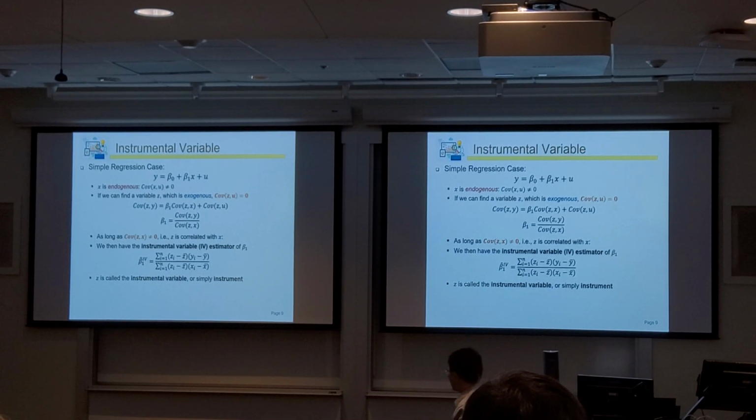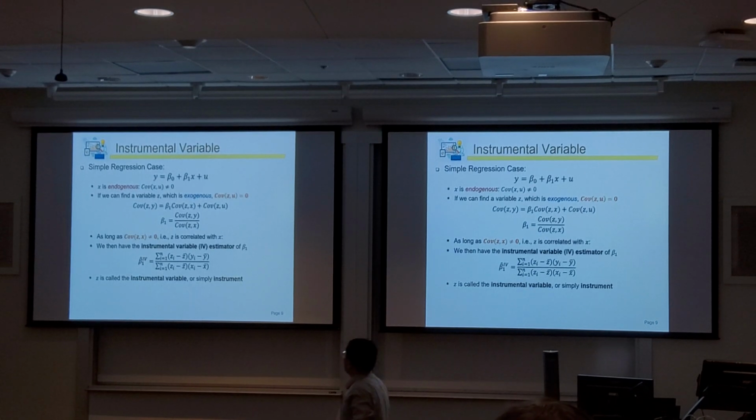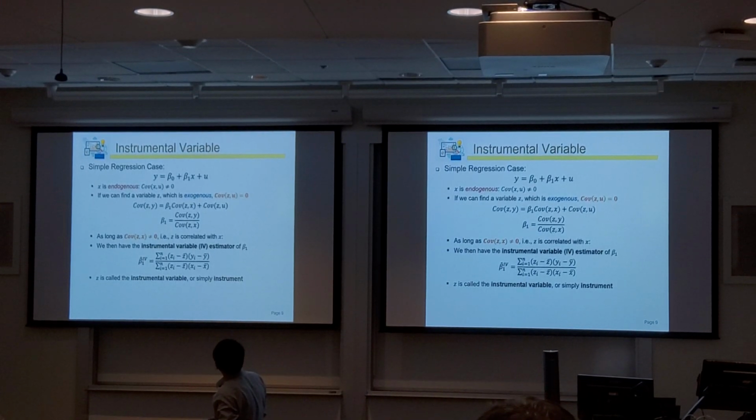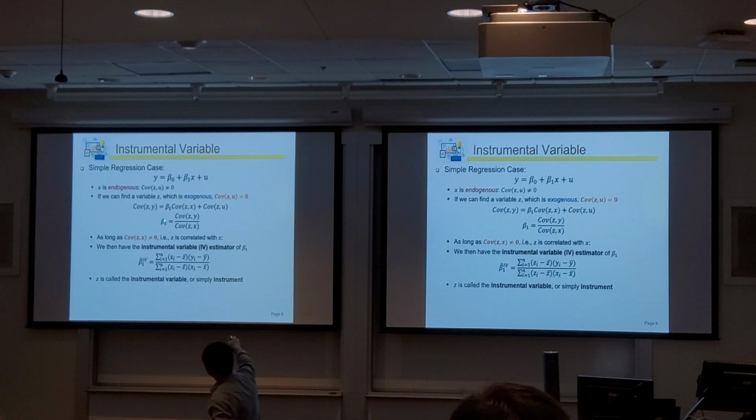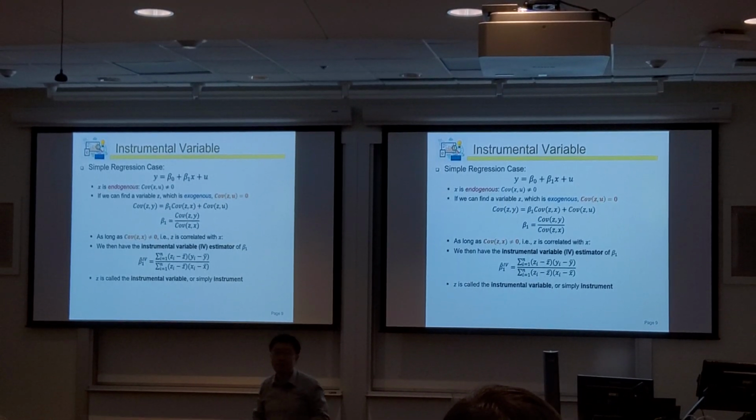Right. The thing is, yeah, that's the thing, right? So if the covariance between this one and the other one is 0, you can write beta 1 as this.